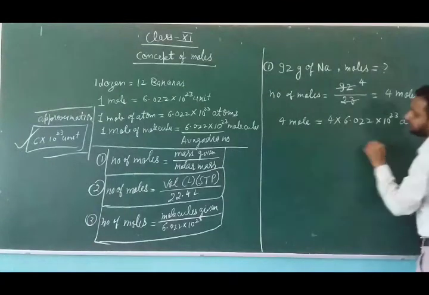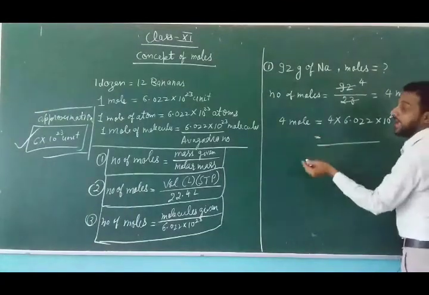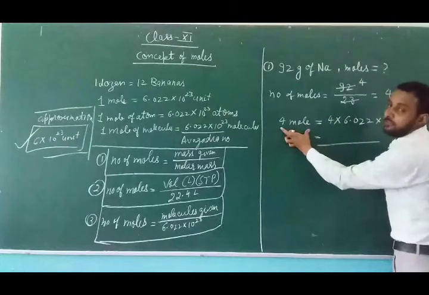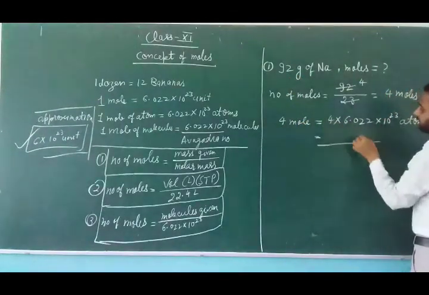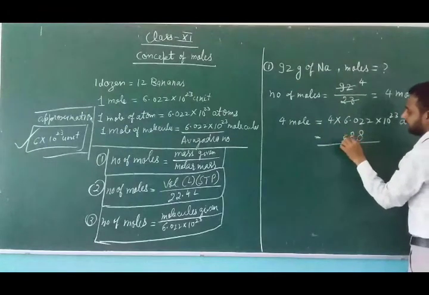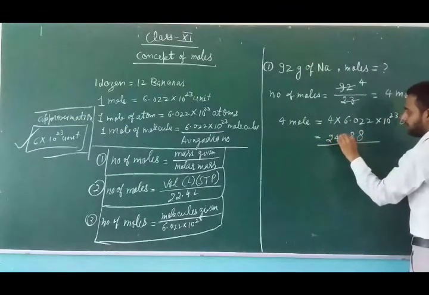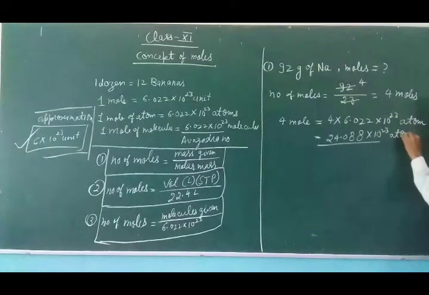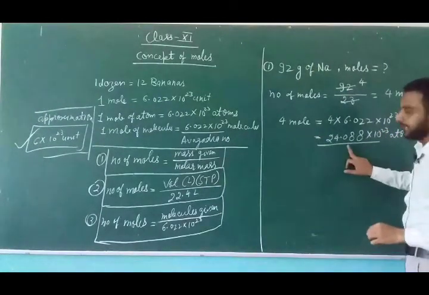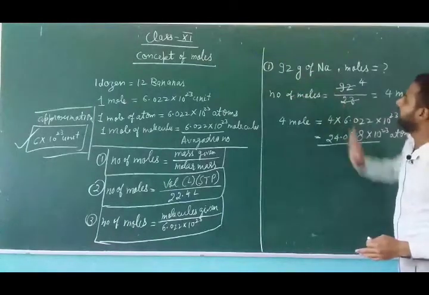By this calculation, we can find out the number of atoms present in 4 mole of sodium, or we can say 92 gram of sodium.